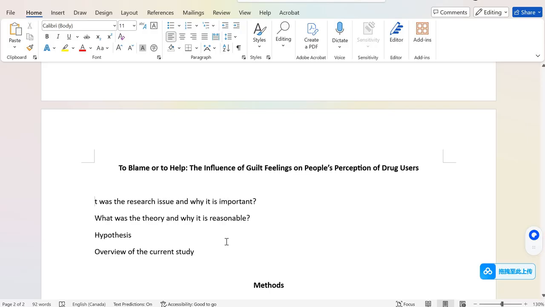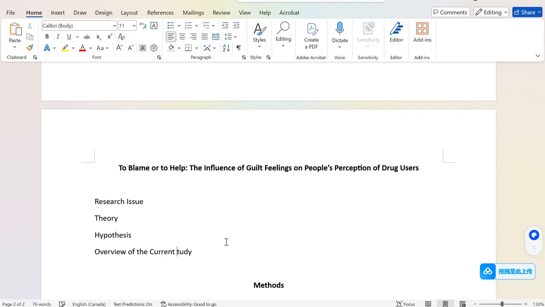You can turn these outlines into headings: research issue, the research issue and the theory tested in the paper, theory, hypothesis, overview of current study.